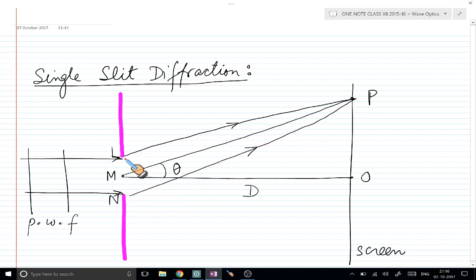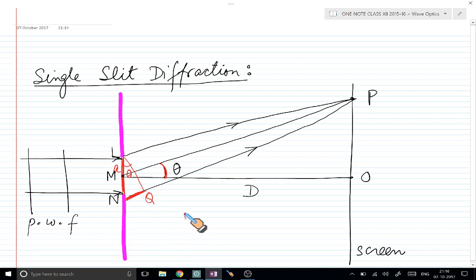Let us draw a perpendicular from L over here. Let this point be Q. So the path difference between the wavelets reaching P from L and N is NQ. If this aperture size is a and this angle is theta, this angle is also theta.